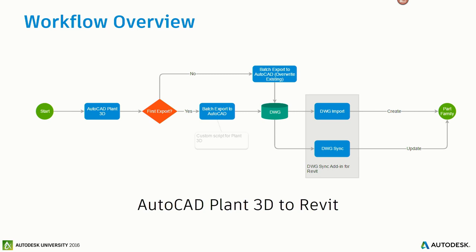It's called DWG Sync. So that program is free. It's kind of a beta, and that's going to allow you to not only import models into Revit and also update them. So the DWG Sync is the update side. And ultimately, those go into a part family, and then we put those into the actual Revit project.